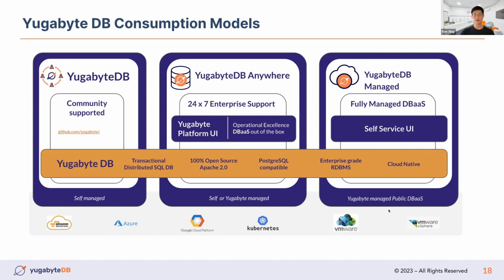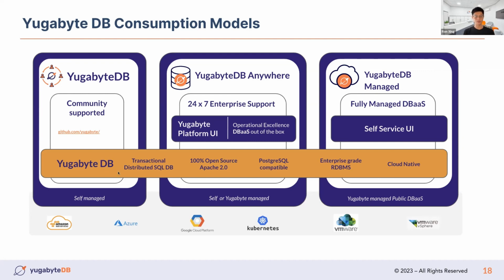One is a fully managed version, so from infra all the way to the DB will be managed by us. The other is a self-managed version, where we help you set up a management portal to handle all the database operations: deployment, management, backup, etc. No matter which version you are using, the core DB functionalities are the same, right?